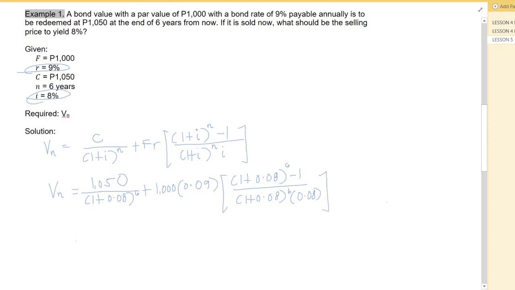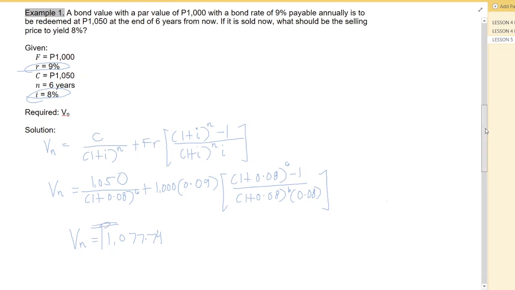Then the value for the selling price would be equal to 1077.74 pesos already. So that will be the selling price of the bond.